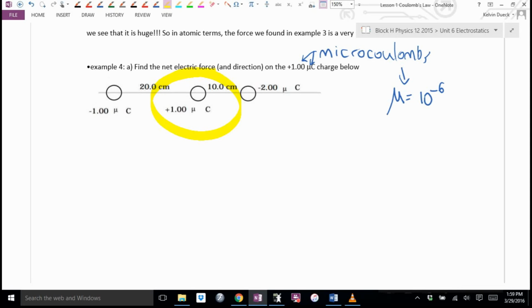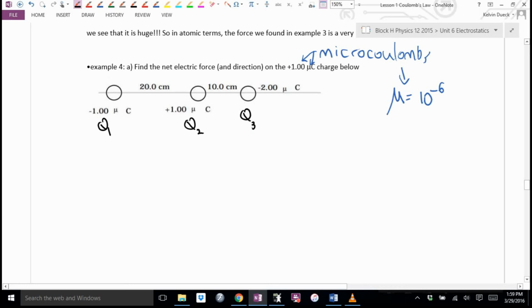We use something that we call the principle of superposition. That's a fancy word for saying we're going to do it in 2 steps. First step, I'm going to ignore that. What I am going to do, this is what I would recommend: call this charge 1, Q1, Q2, and Q3.